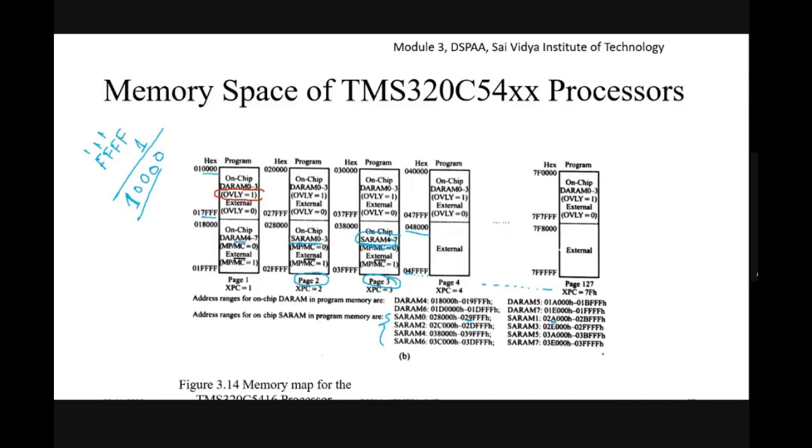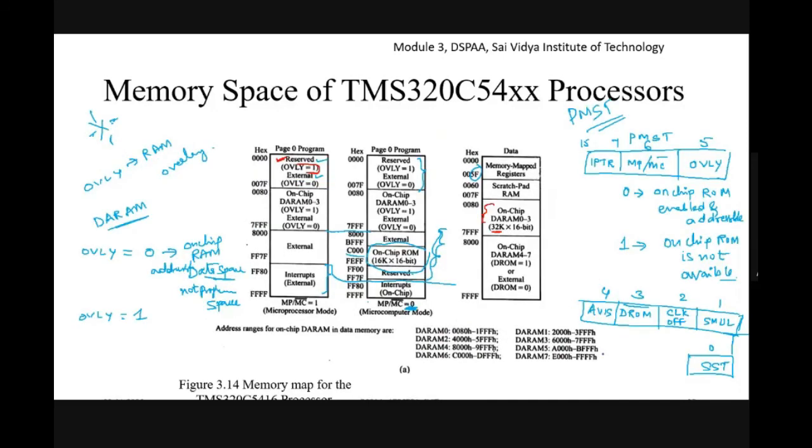See here, you go to data space. This is the data space we have. In the data space, when the DROM bit is equal to 1, ROM is not on chip; DARAM 0, 4 to 7 is used and external DROM is used.